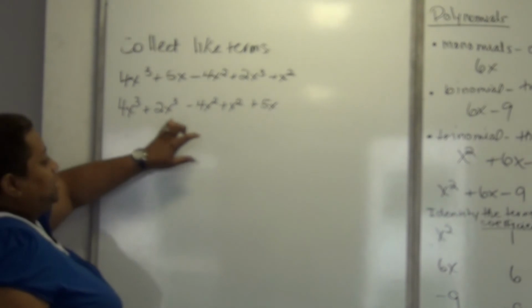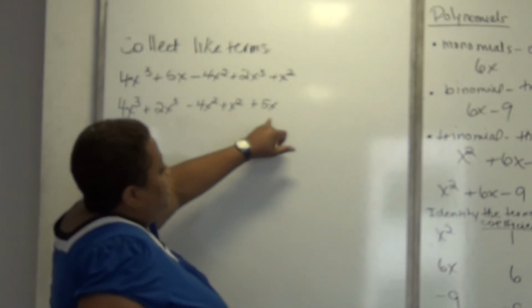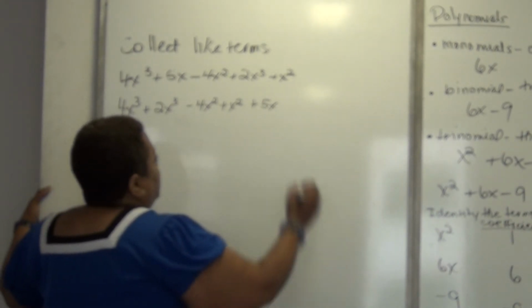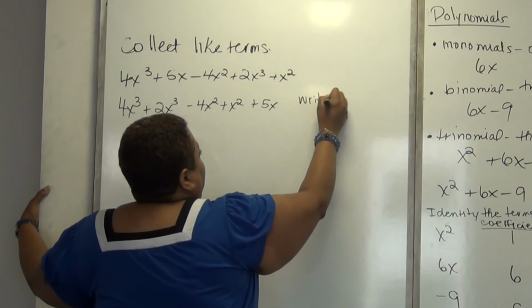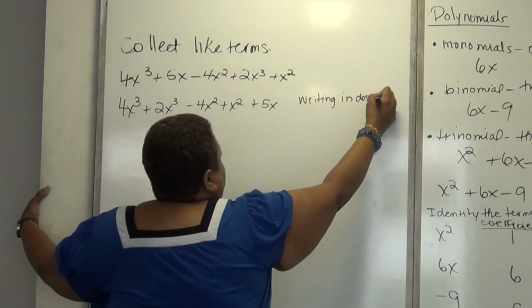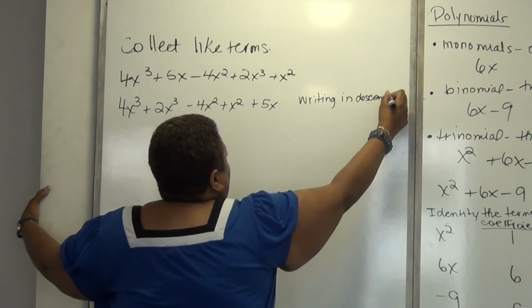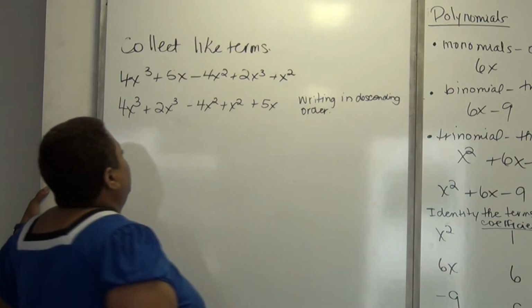The terms with the highest exponent first, then the next highest, then the next highest. So that's writing in descending order. All right, in descending order.